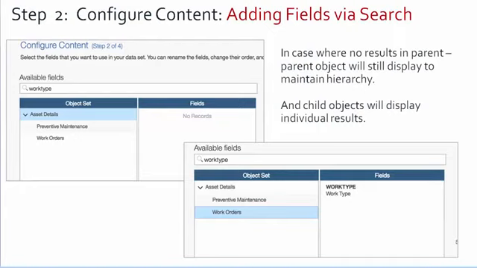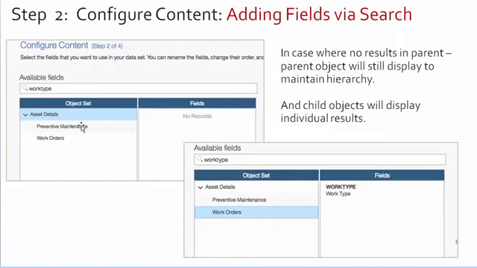In the other case, you may be searching for a value, but there is no attribute with that value in the parent object. In this case, I put in a text value of work type, but there's no work type in my parent of asset details. What you'll see is that no records will display at that parent level, but the child objects that have that value will still display.